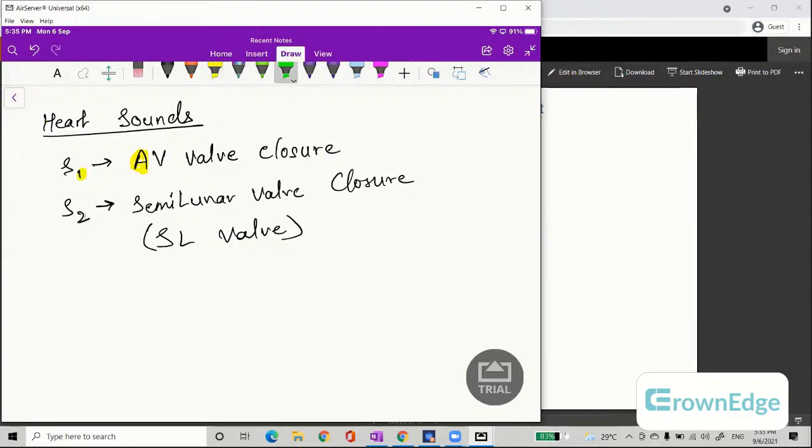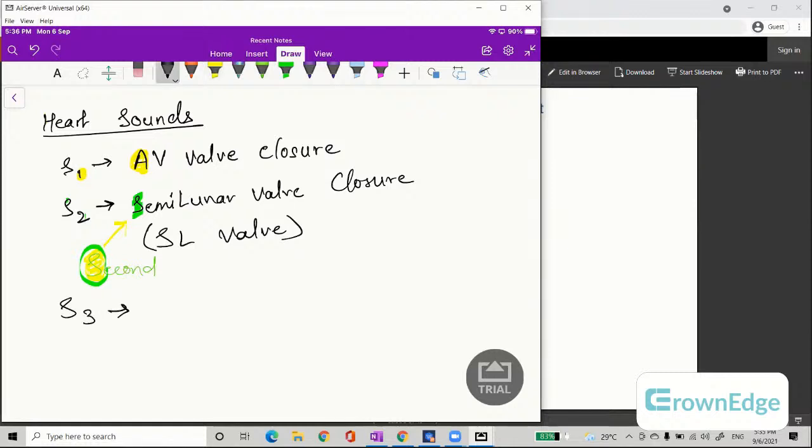Even if you do not remember this trick, S for second and S for semilunar valve closure. That is, S2 comes whenever the semilunar valve closes.